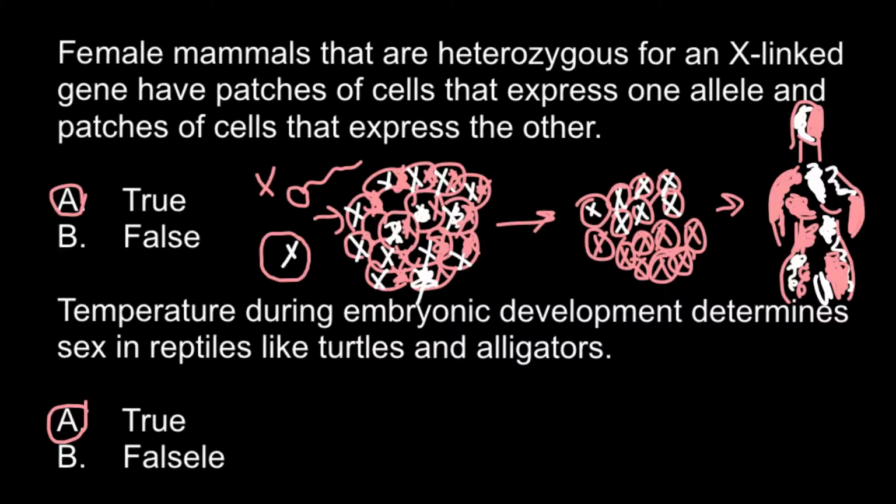In some species of turtles and alligators, temperature defines the sex of the progeny. And it's still not very well understood how this affects evolution, how it is beneficial for evolution.